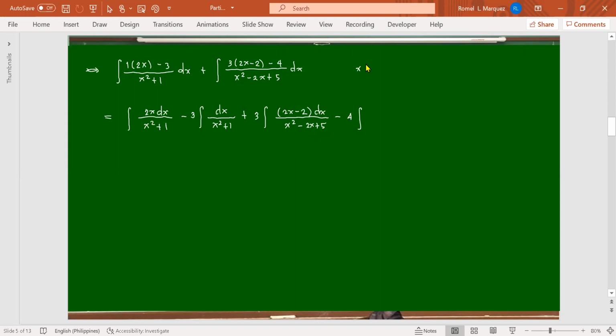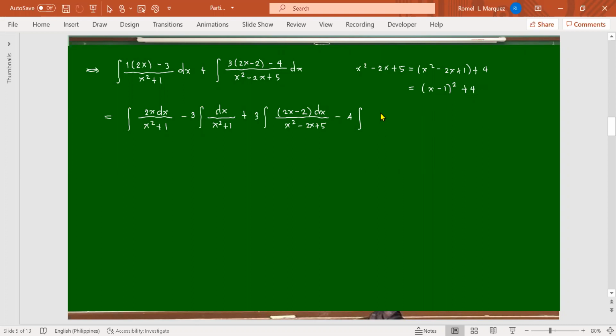So to be able to evaluate this integral, we have to convert this to the u squared plus a squared form. And this is equal to x squared minus 2x plus 1 plus 4. Okay, guys? And this is equal to (x minus 1) quantity squared plus 4.